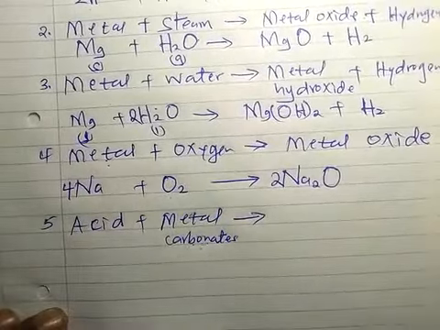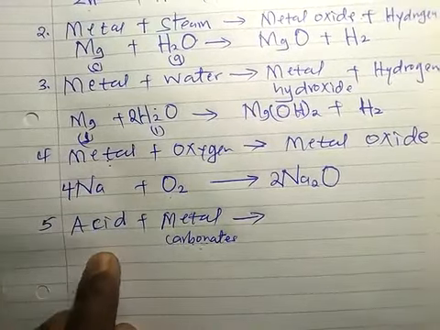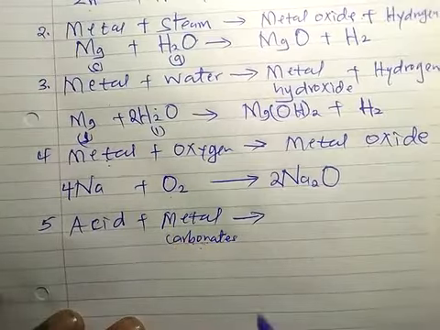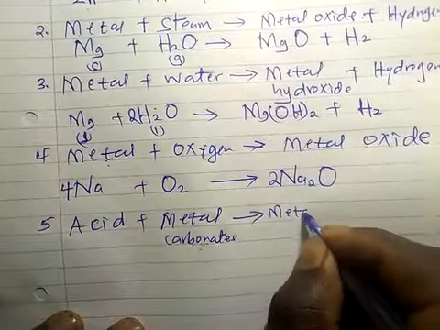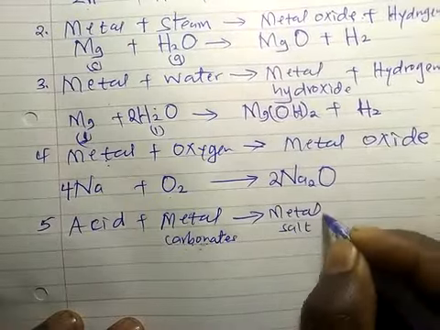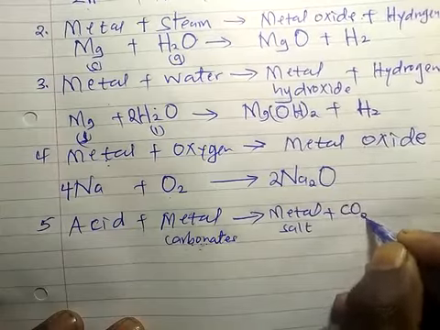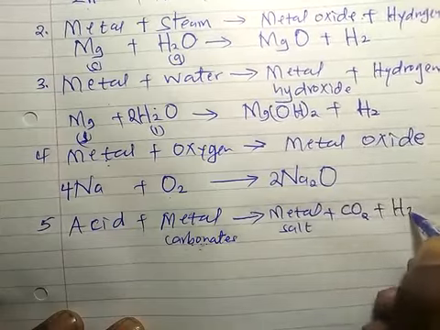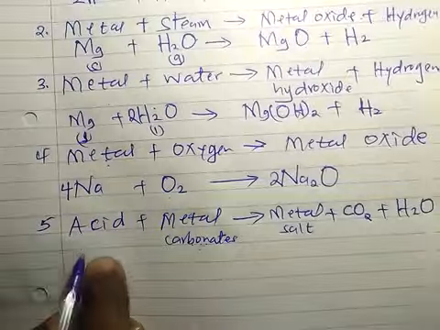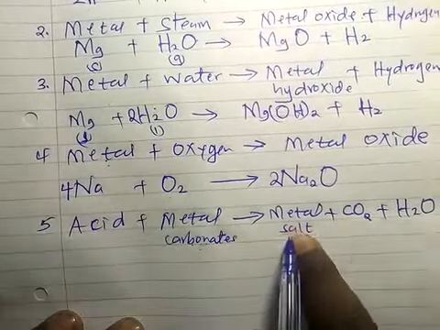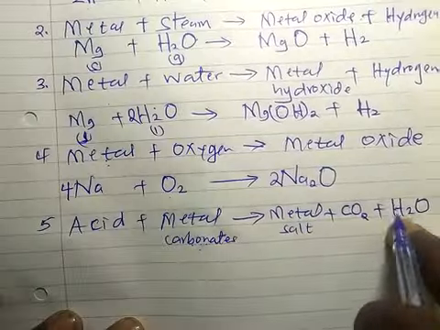That's what we call metal carbonate, because I'm putting a metal and then the carbonate. So what does it give you? Any acid reacting with a metal carbonate, you should expect the metal salt, carbon dioxide, plus water.